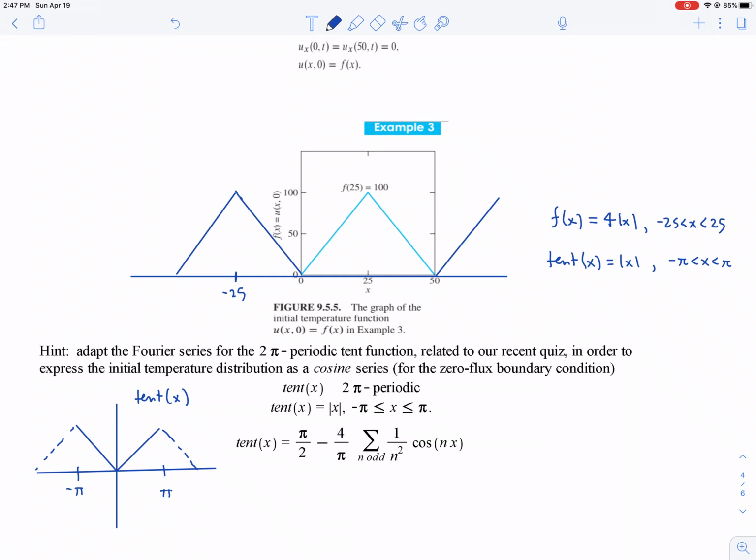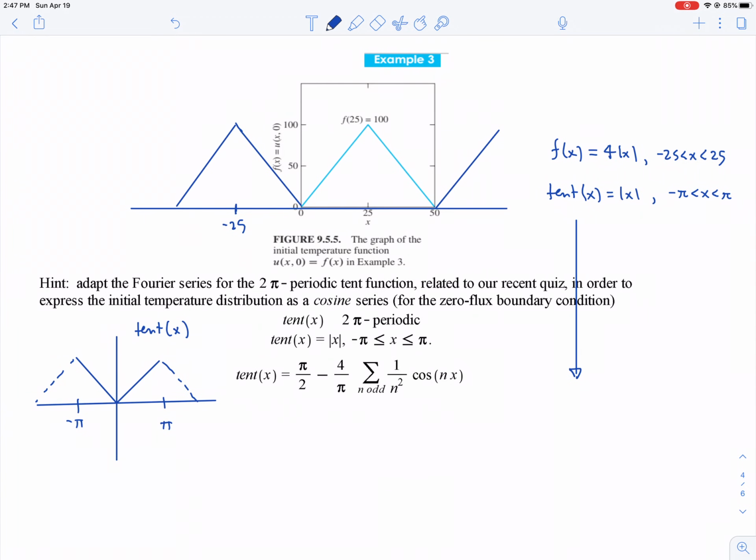So let's try to write f of x as a rescaled tent. So if I take the tent of, so this is trying to get something where the L is 25. So I will take pi over 25 times x. Then as x goes from minus 25 to 25, the tent argument is going from minus pi to pi. That's what I want.